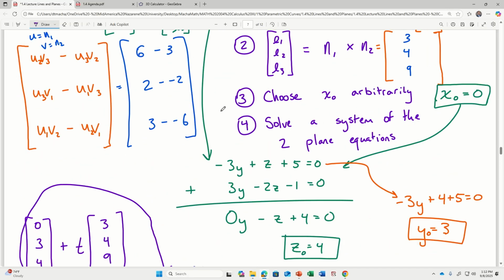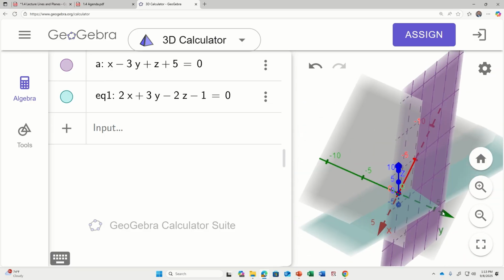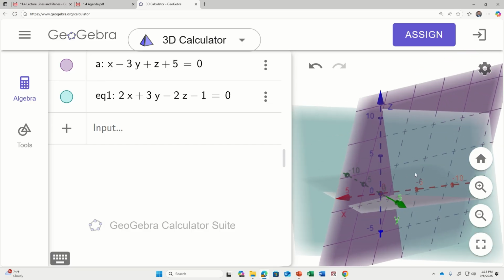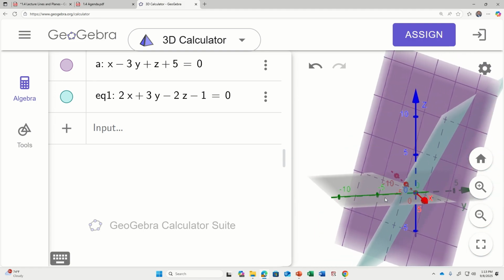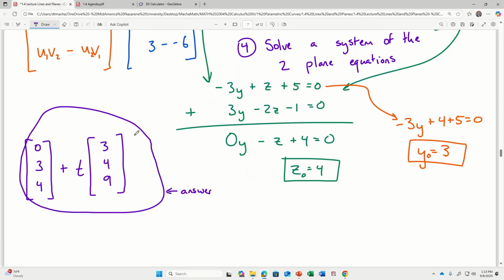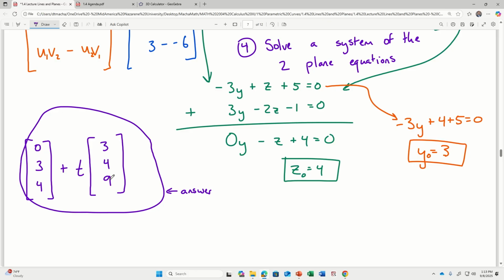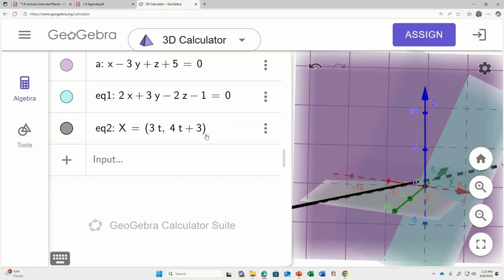And then I should be able to see the two planes, and I should be able to see their line of intersection where they intersect each other. And then the last thing I want to try to graph is this parametric equation, which is going to be 0 plus 3t, comma 4t plus 3, and 9t plus 4.